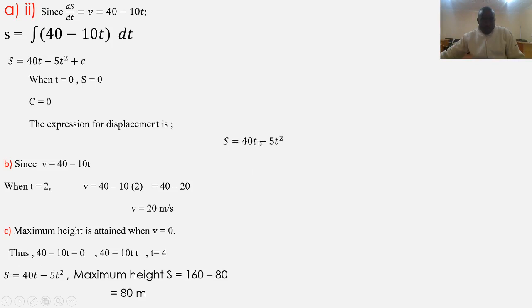So I substitute t here with 4, it becomes 40 times 4 minus 5 times 16, since 4 squared is 16. So 40 times 4 is 160, 16 times 5 is 80. So s is 160 minus 80, which is 80 meters. So the 80 meters is the maximum height attained.